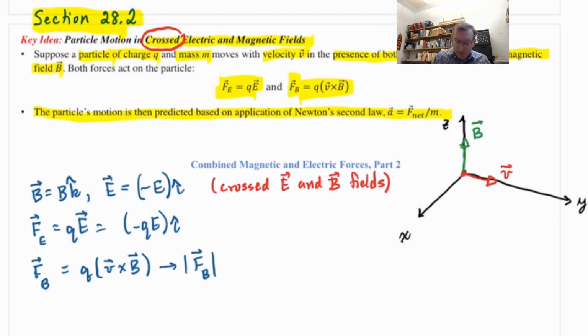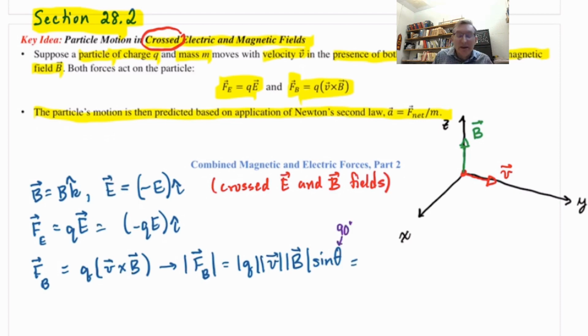I'm now working out the formula for the magnitude of the magnetic force. That's magnitude Q, magnitude V, magnitude B, sine of what we call theta, which is the angle between V and B. You see that that is 90 degrees from our picture. Sine of 90 is, of course, 1.